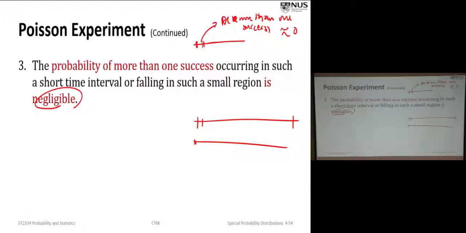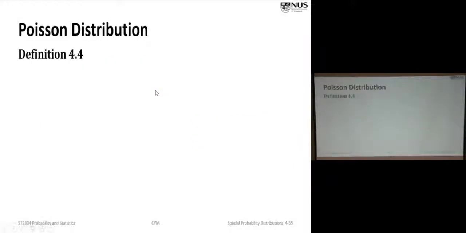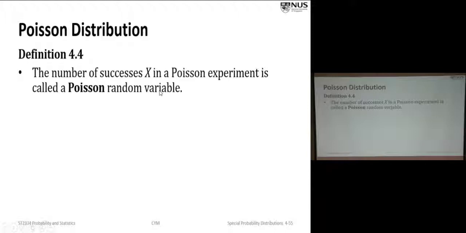So it's like a dichotomous or binomial occurrence within this subinterval. So this is the Poisson experiment.